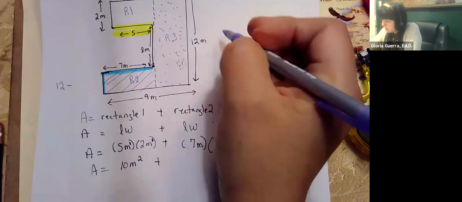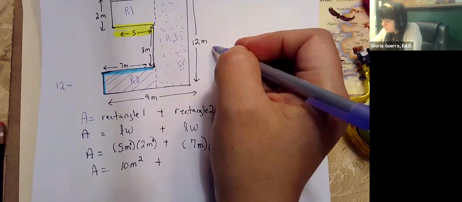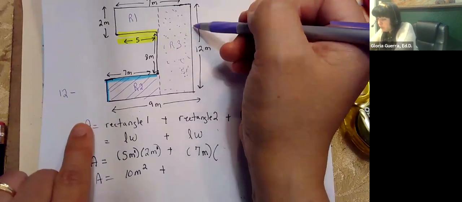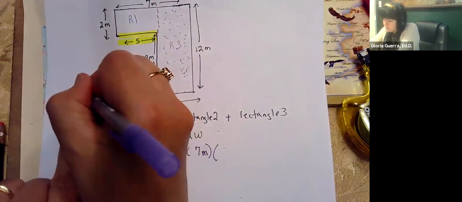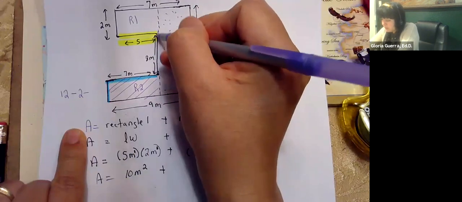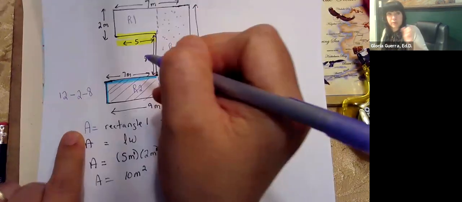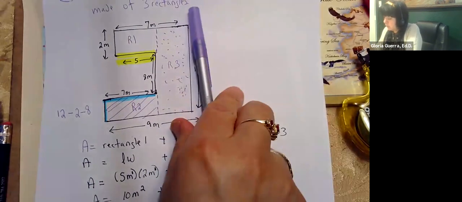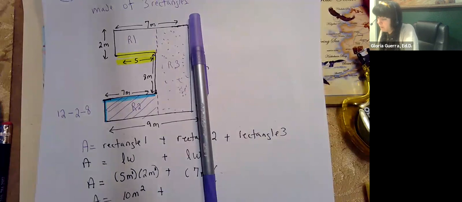So this whole measurement is 12, and you want to chip away at this. You want to take away 2, but you also want to take away 8.